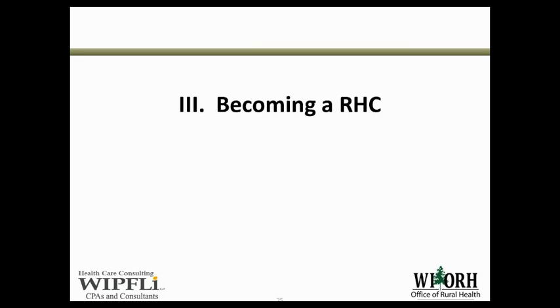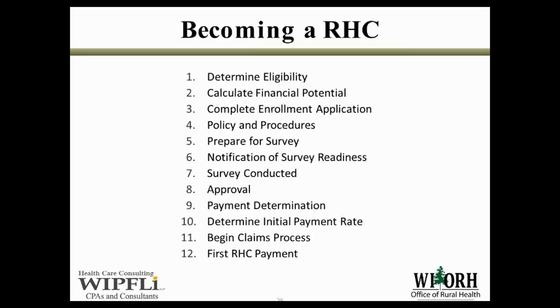So what does it take to become a rural health clinic? Here, just briefly, we've identified each of what we think are reasonable steps that a clinic would take in order to become a rural health clinic. We often get questioned as to how long it takes to go through this process. Well, it's highly variable depending on the organization as well as the surveying agency.